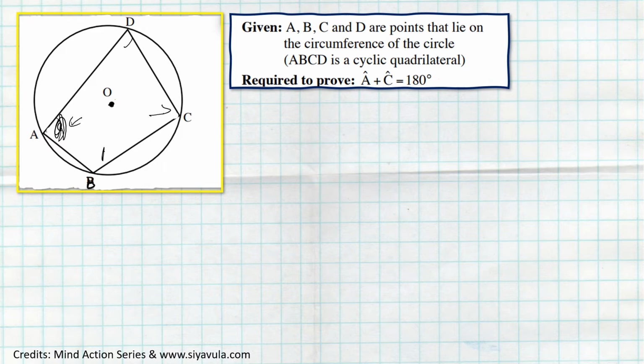So I'm just going to join radius OB, and also another radius, OD. That is my construction.